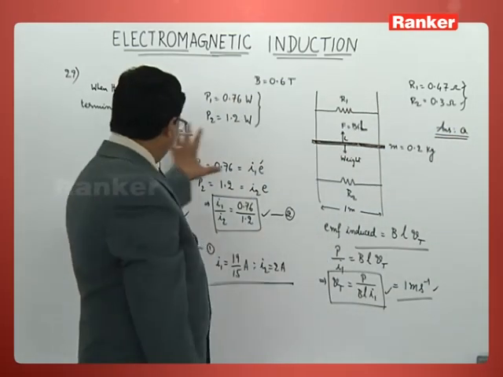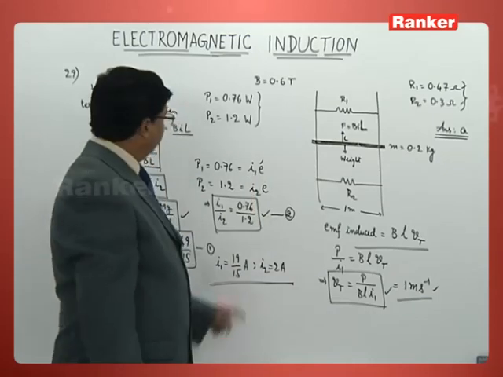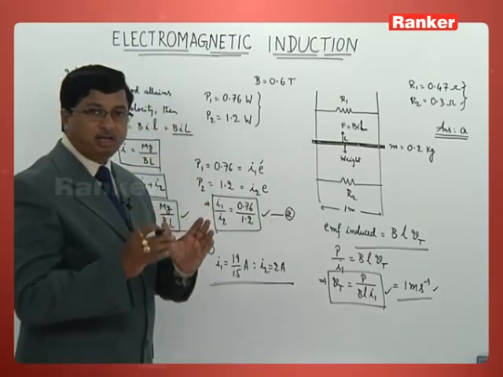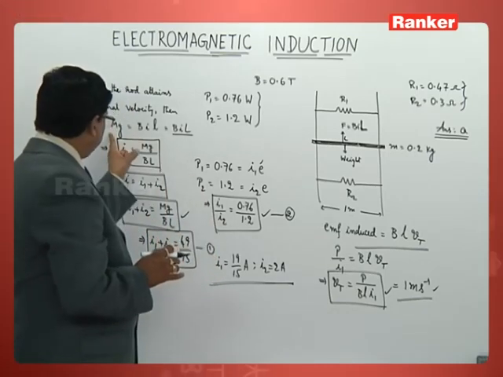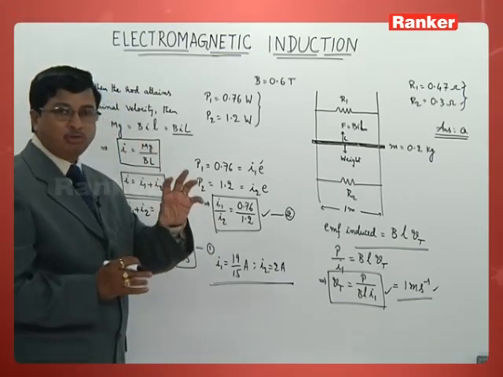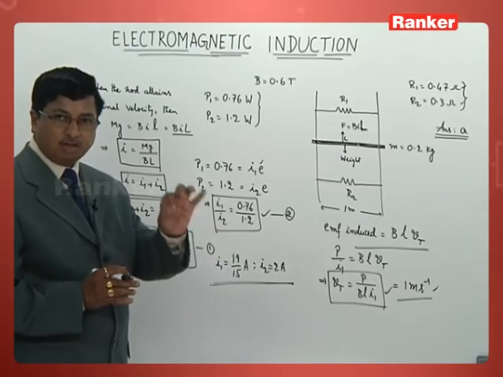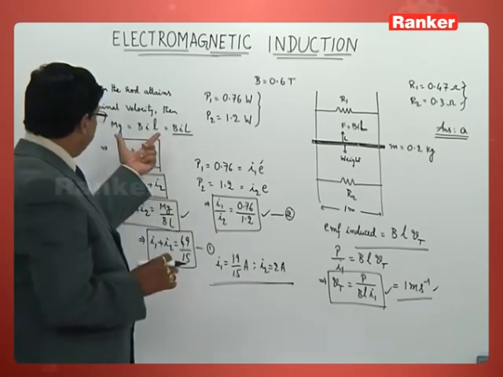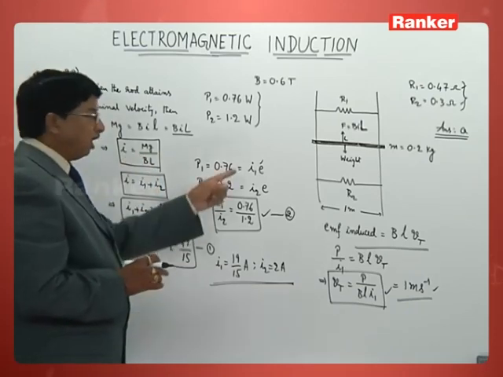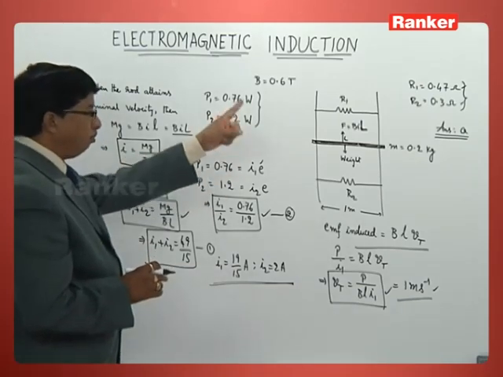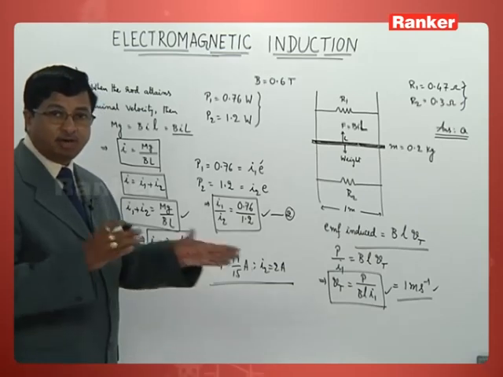So what you have to understand here is the condition for attaining terminal velocity first. That is, its weight must be equal to the force due to the magnetic field. That is the first concept. Equating them, you write what is I first. But I is nothing other than the sum of both the currents across R1 and R2.